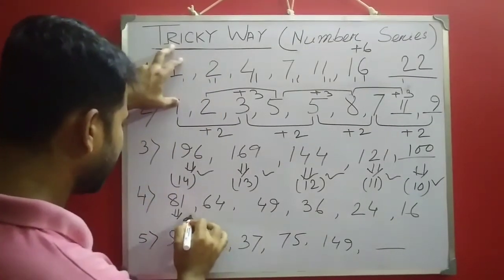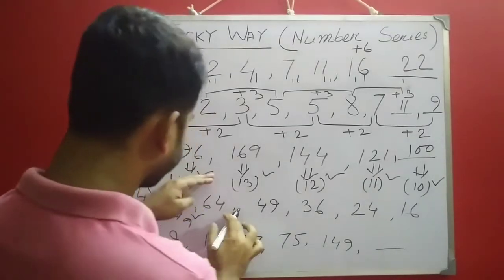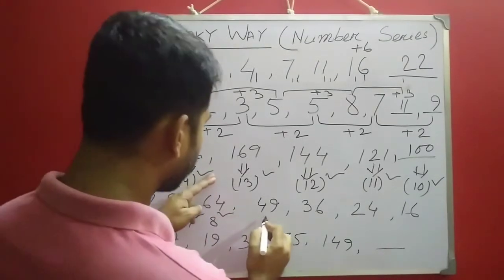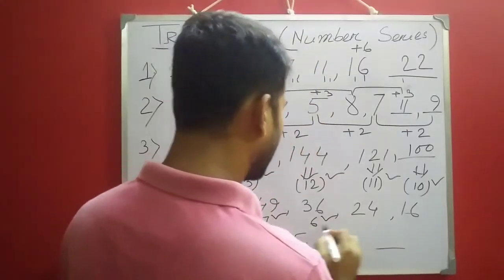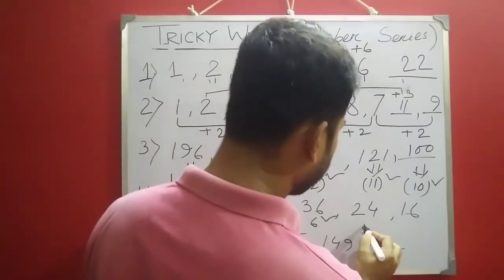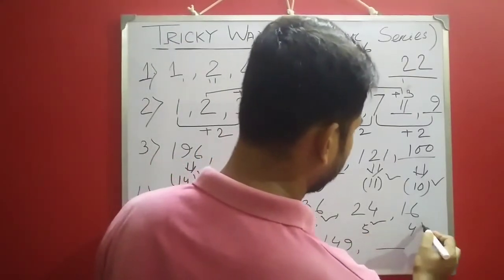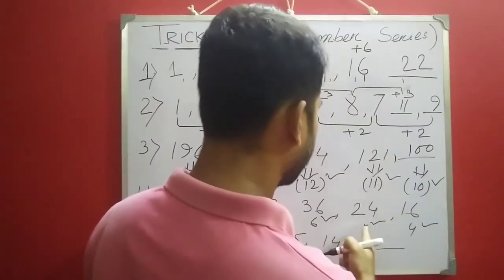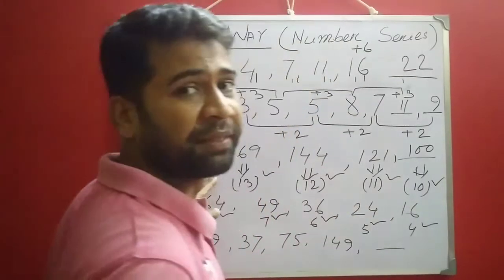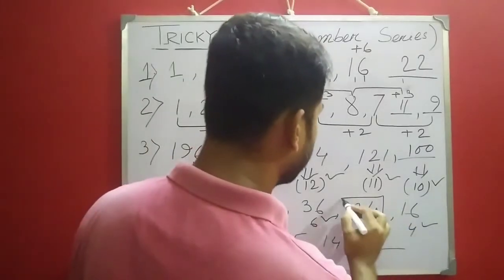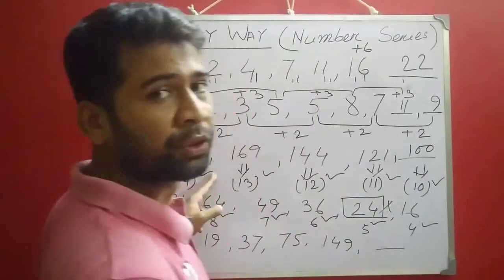It is 9 square, 8 square, 7 square, 6 square. So basically it will be 5 square and 4 square. So it is right. But for this 5 square, here 24 is given. So the mismatch value will be 25.